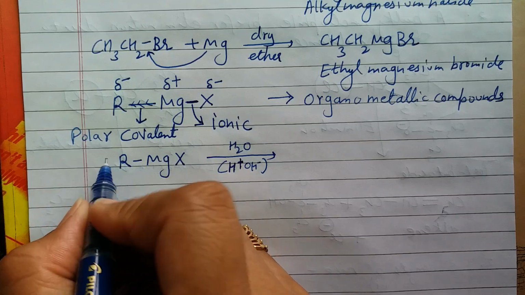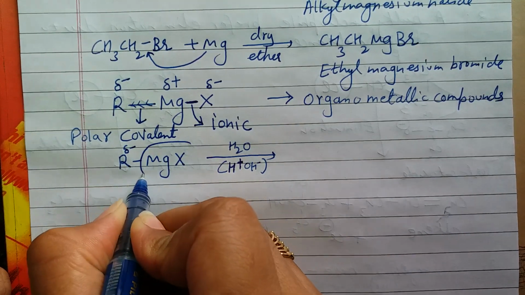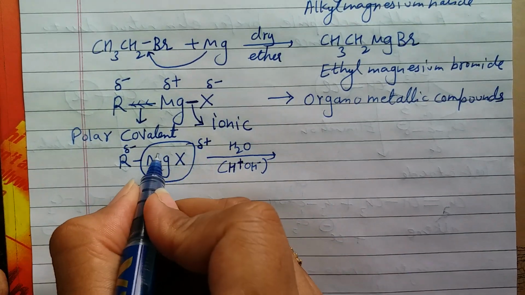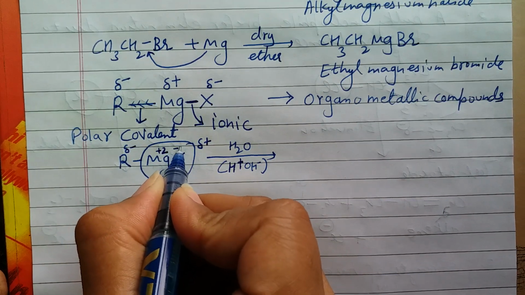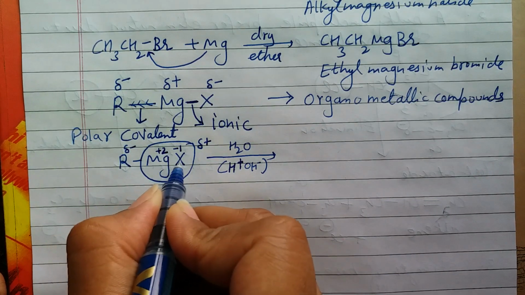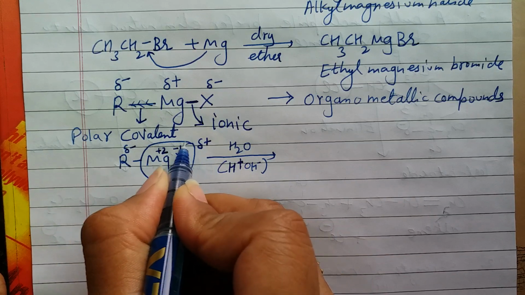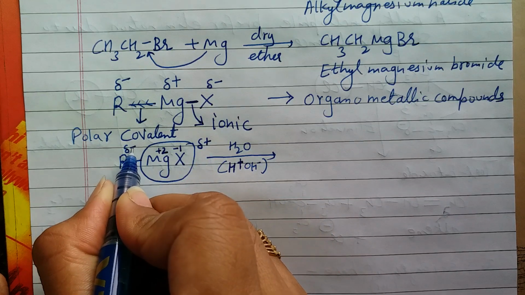If you see the charge separation, the R part is minus and the entire MgX part takes up a partial positive charge. Magnesium is +2, halogen is -1. So overall how much is left? +1. So effectively the MgX part takes up a positive charge and the alkyl part takes up the negative.